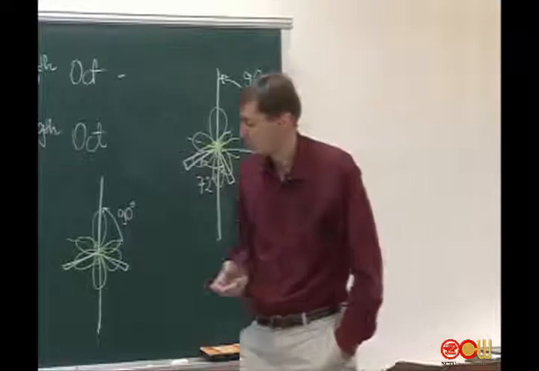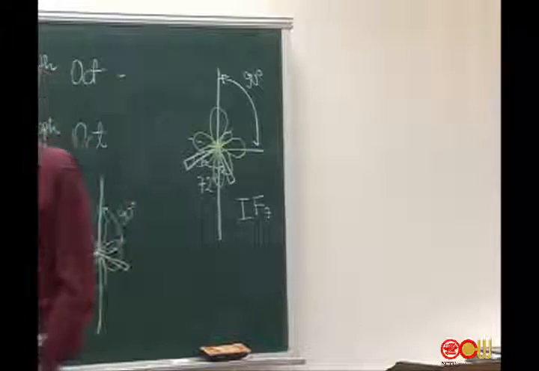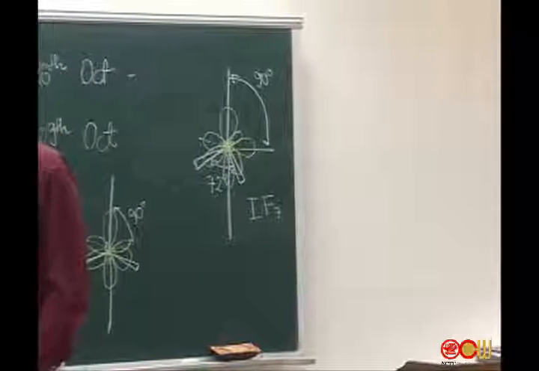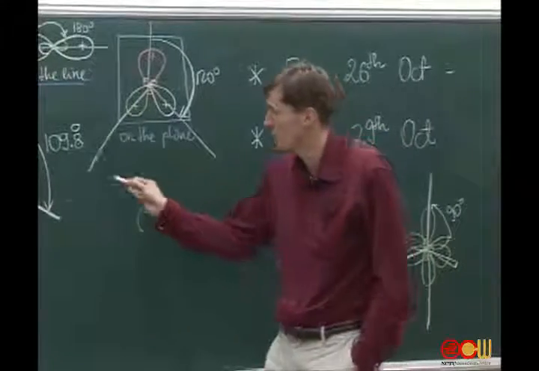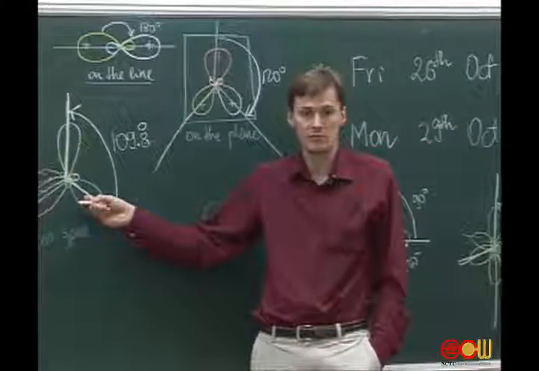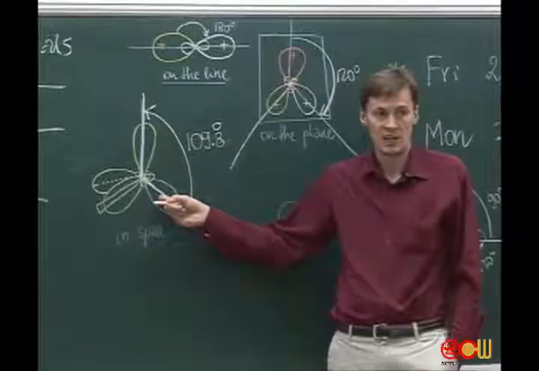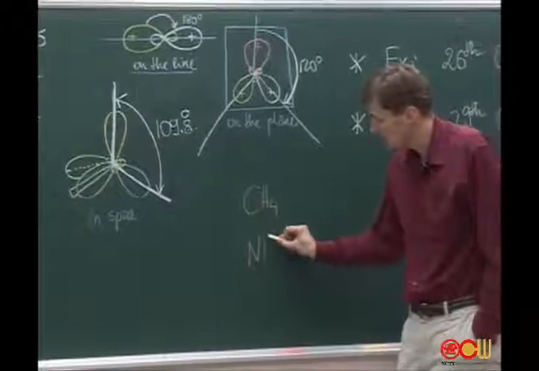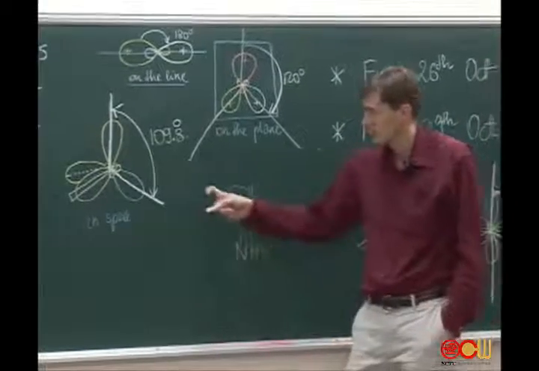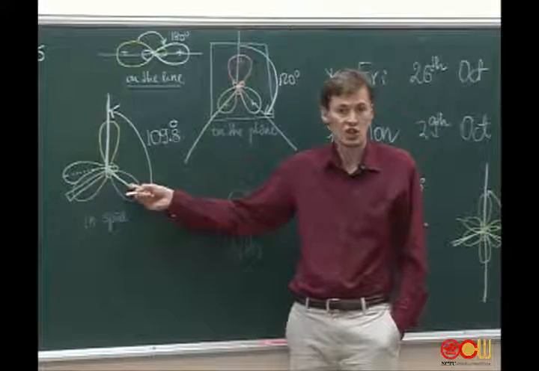So for example, when you have a structure CH4, there is not much long thinking. You already know that there must be this structure. But surprisingly, there are molecules, NH3, that also have this shape.